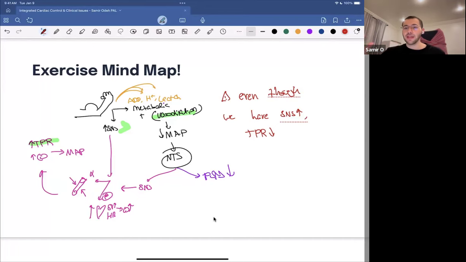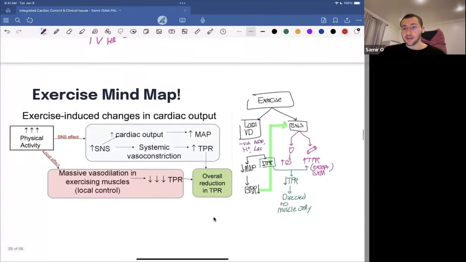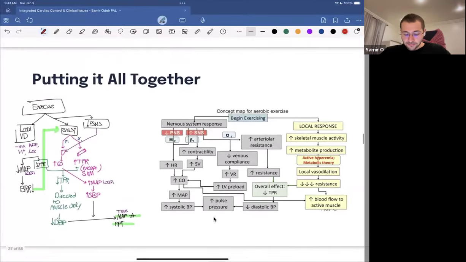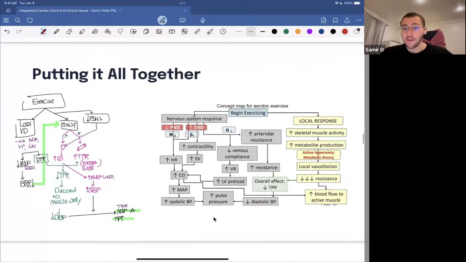Put into the context of all your blood vessels, the total resistance is decreasing massively. This is a good thing. It's not a bad thing in this case. It's a good thing because you do want that increased blood flow because your muscles are working hard. Okay, this is just connecting everything together with the drawing that Dr. Simon has included.